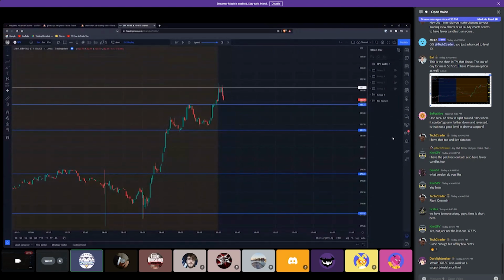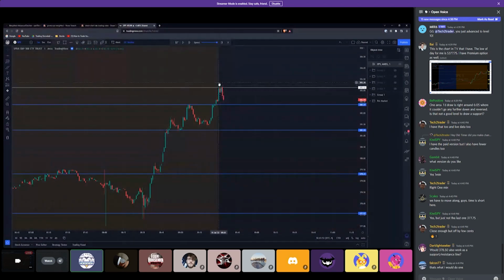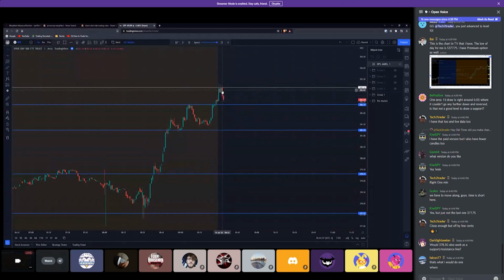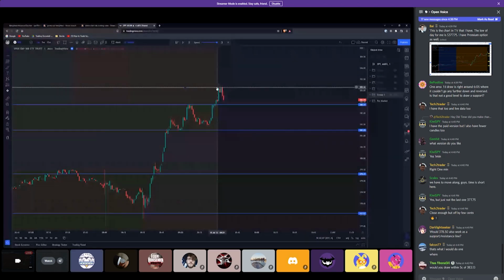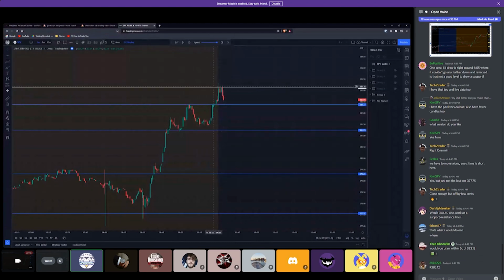So this is where we opened up. You can see it wicked. It can't go any higher, just having real trouble going higher, and then didn't go as high and was coming down. So I drew a line here to catch the top of this candle, catching all those wicks there. And that's at 383.13 or 12 or 14.